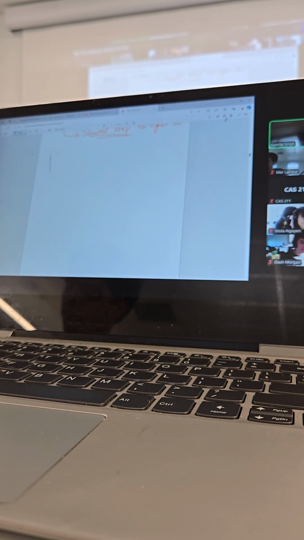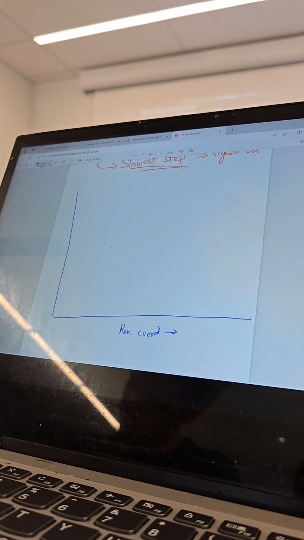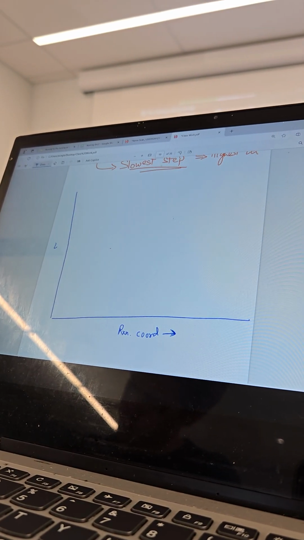So we have energy on the y-axis, reaction coordinate. Energy can either be Gibbs free energy or enthalpy. It can be either of the two. The reaction coordinate is on the x-axis, meaning the progress of the reaction, the time of the reaction. And energy, either enthalpy or Gibbs free energy, on the y-axis.